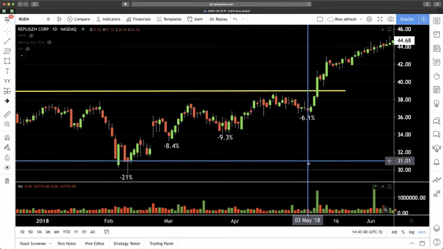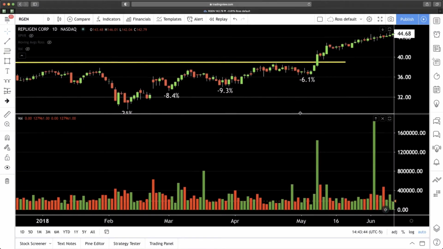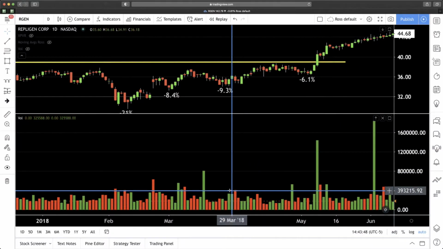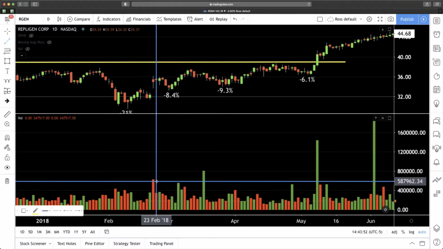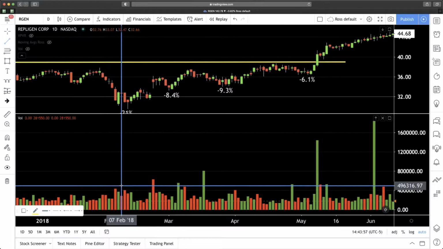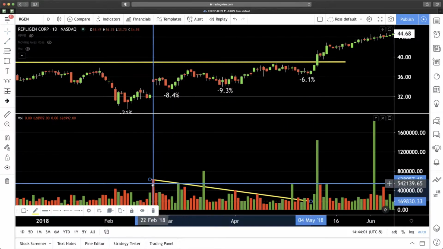And then right before the breakout, look at the volume down here at the bottom. You want to see two things. The first is you want to see a decreasing of the volume. Now, it's never going to look picture perfect, but for the most part, with a couple of exceptions here, we were seeing this.